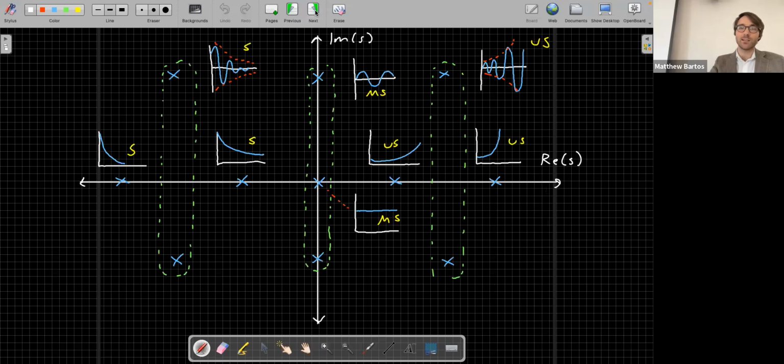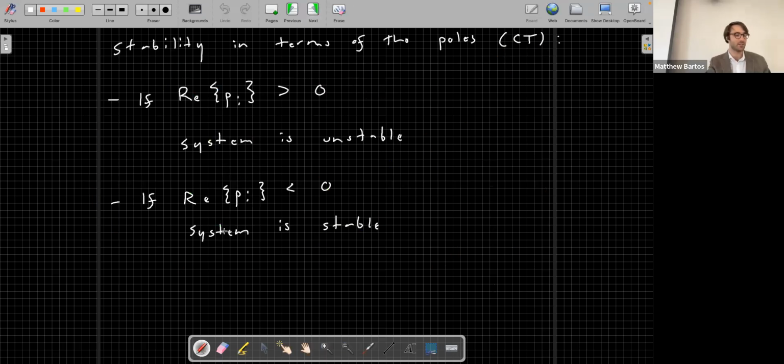So in order for it to be stable, all of the poles have to be stable. Okay, so let's rewrite that in our condition expression here. If the real part of the pole is greater than 0 for any pole p_i, the system is unstable. If the real part of the pole is less than 0 for all poles p_i, then the system is stable.